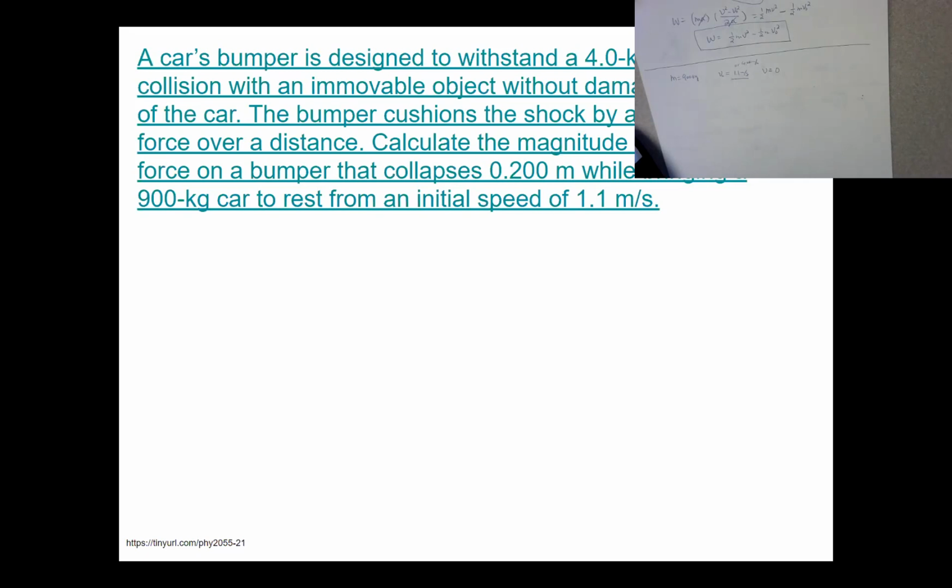Try to use the work energy theorem here. You can solve for the average force by calculating the work and using the distance traveled, which is 0.2 meters. You can solve this by using kinematics and Newton's second law, but try to see if you can use the work energy theorem here.